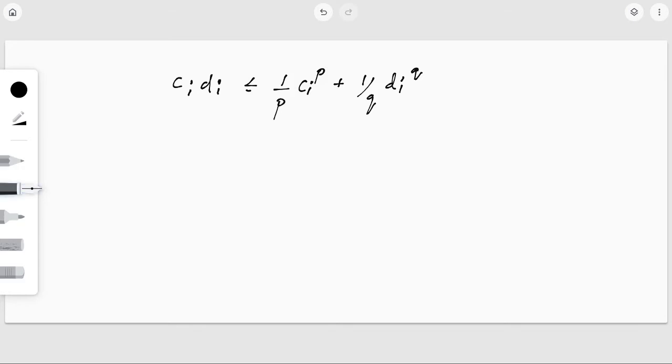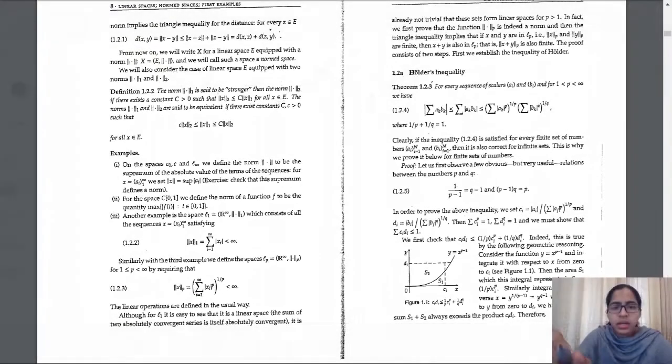So before that, we are going to consider two functions. You can see it in your textbook: y equal to x raised to p minus 1, and then using this function we can obtain another function, that is x is equal to y raised to 1 by p minus 1.